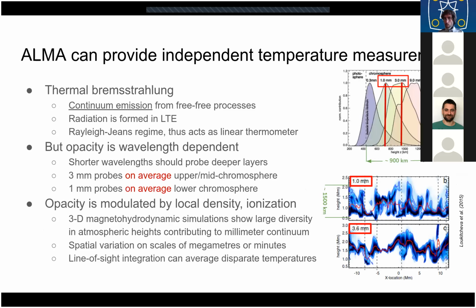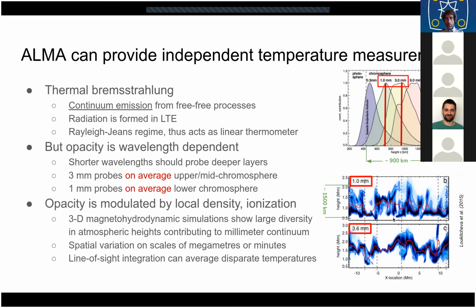Well, one thing that you have to keep in mind is that we're looking at the integrated radiation along our line of sight when we're looking at the ALMA continuum.